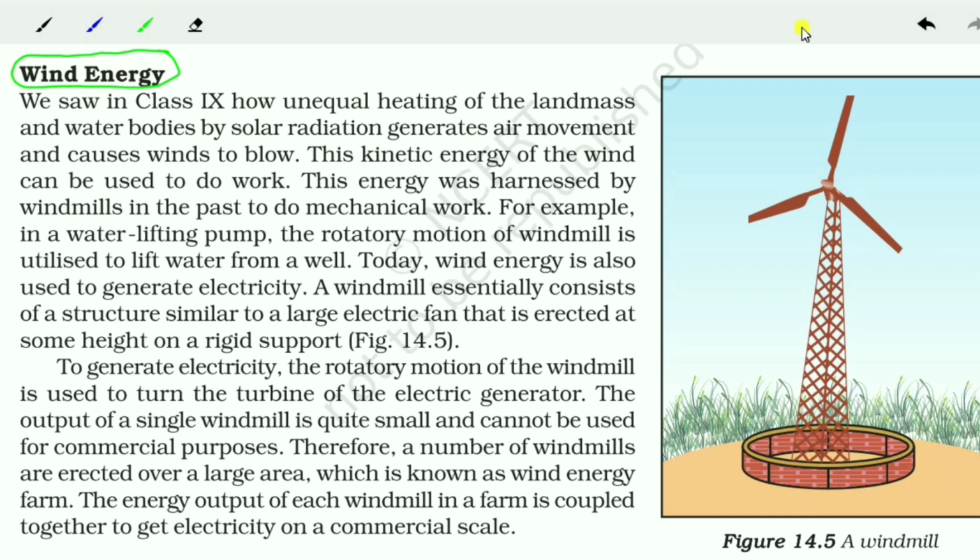But you know this chapter is on the improvements of the technology, so we have improved the technology in such a way that now we are using the wind energy mill to produce electricity. So this is the improvement in the technology. So dear student, we will now watch one video, one animation on that, and then we'll start reading this chapter.